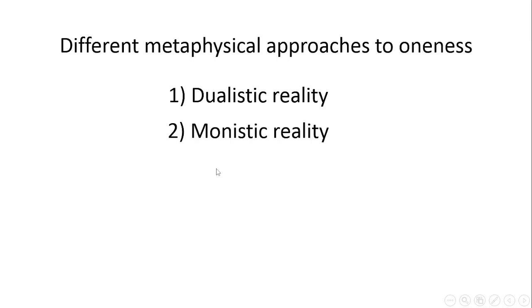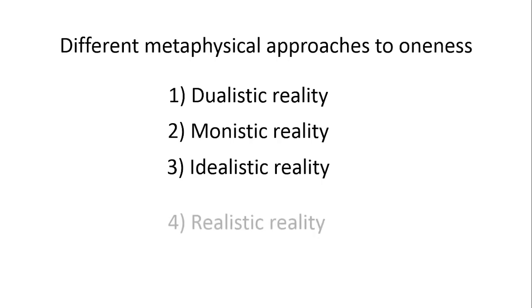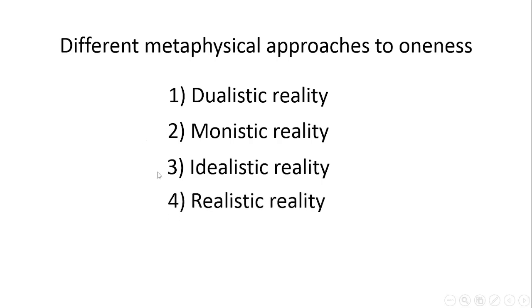The first of which is the dualistic reality, the second is monistic reality, the third one is idealistic reality, the fourth one is realistic reality, and the fifth one is the balanced reality. So we are going to show how we can reach this oneness from each of these philosophical positions, and why the fifth one is the most complete approach to the reality of oneness.